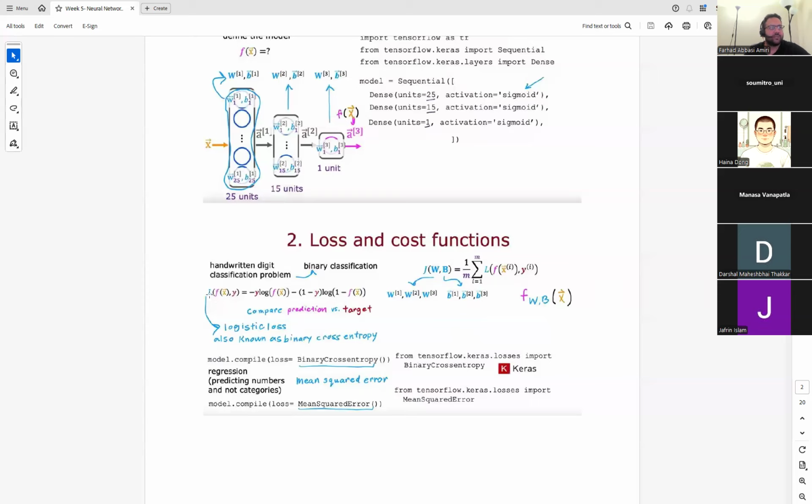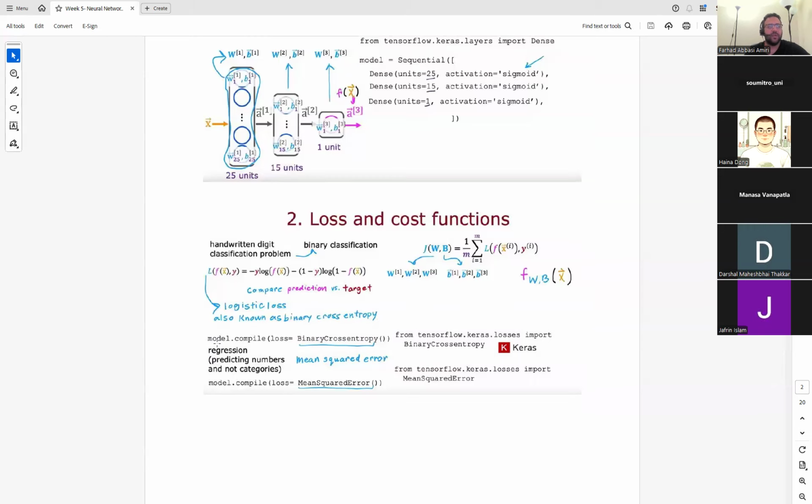And this expression for the loss function, which is used in logistic regression or classification, is called logistic loss, also known as binary cross entropy. So that's why in the first slide, for compiling our model, we use binary cross entropy as our loss function.